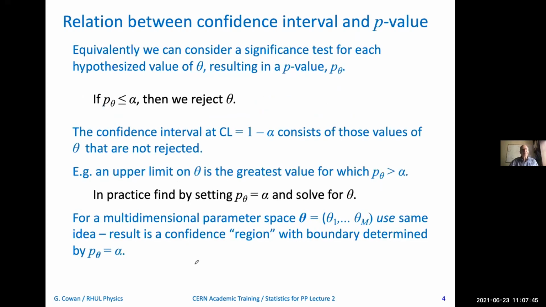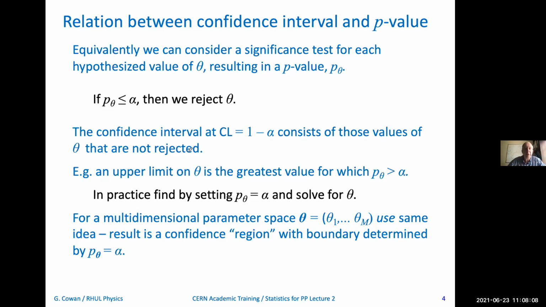Now, equivalently, we saw last time that there was a relationship between the type of test where you accept or reject a hypothesis and a p-value. We can say that the critical region of the test is simply the region of the data space where the p-value would be less than alpha.